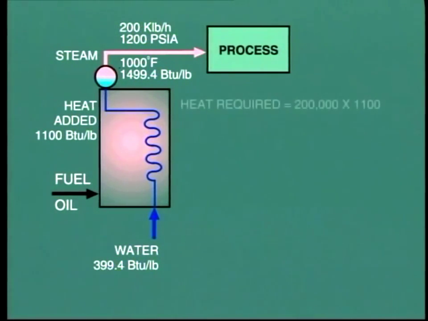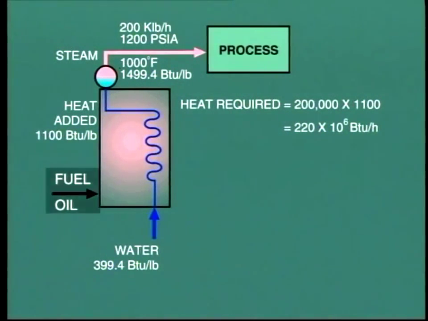The total heat required is 200,000 pounds per hour times 1100 BTU per pound equals 220 million BTU per hour. All of this heat must come from the combustion of the particular fuel which is supplied to the boiler. In this case, its heat content is 18,538 BTU per pound.